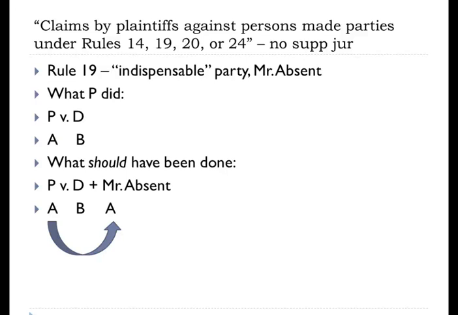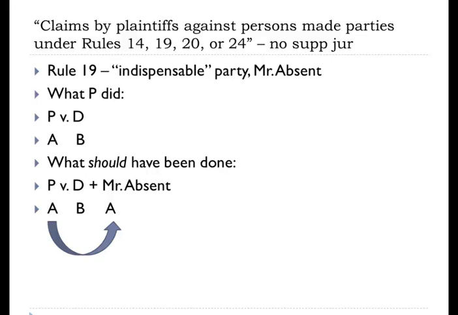However, the plaintiff knew, this is the theory behind this policy, the plaintiff knew that Mr. Absent was really an indispensable party who should have been joined, or a required party who should have been joined as a defendant. And the reason that the plaintiff didn't join Mr. Absent as a defendant is that Mr. Absent is a citizen of the same state as the plaintiff, and the joinder of Mr. Absent as a defendant would have destroyed complete diversity.